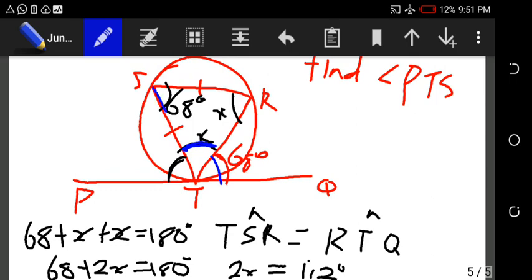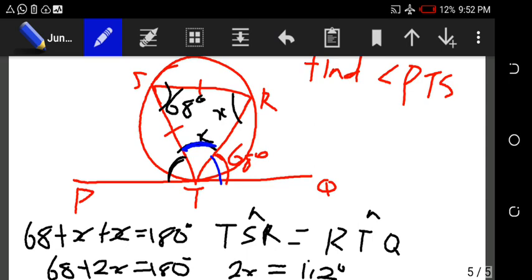This chord ST has an angle formed between the chord and this tangent here. So the angle that we have here is equal to what we have here because they are angles in alternate segment. Because the value of x is 56, here also is 56. That is one way we can get what we're looking for.